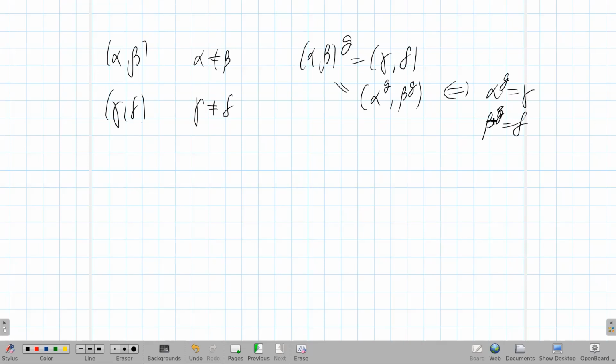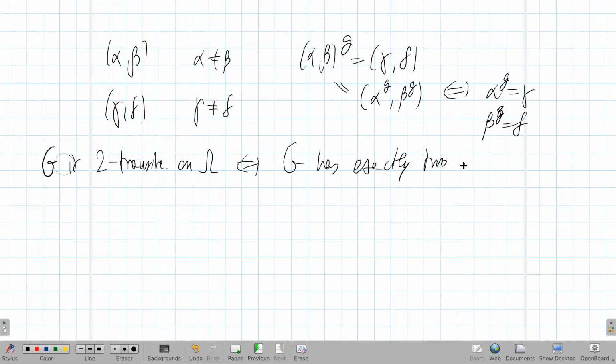Good. So G is 2-transitive on omega if and only if G has exactly two orbits on omega times omega.